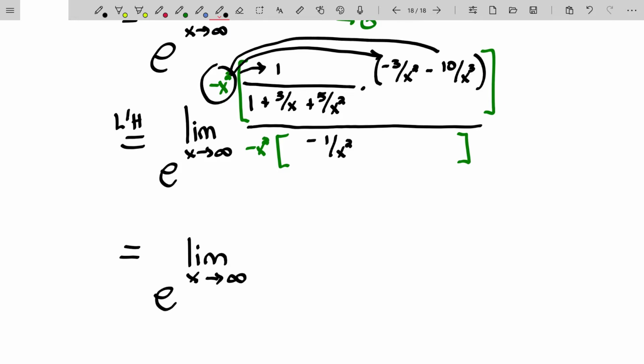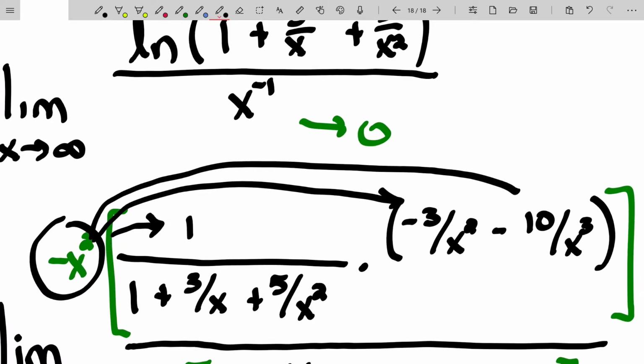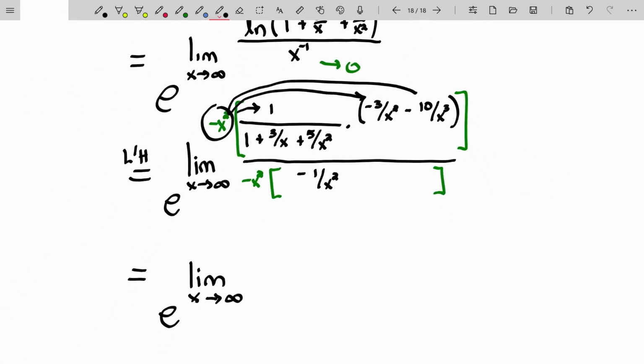There's no reason for me to park it, because that parenthesis right here is going to be in the numerator of this fraction upstairs. So I'm just going to park a negative x squared into each of those pieces upstairs. That'll give me a positive 3 plus 10 over x, and that's being divided by 1 plus 3 over x plus 5 over x squared.